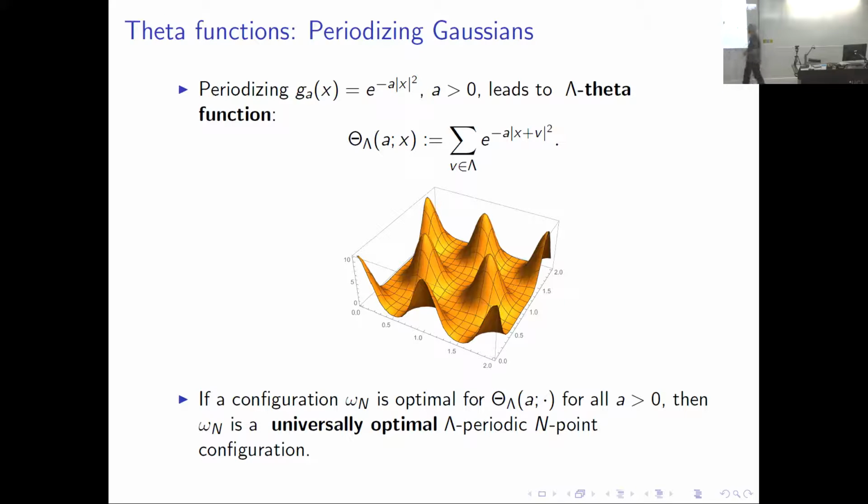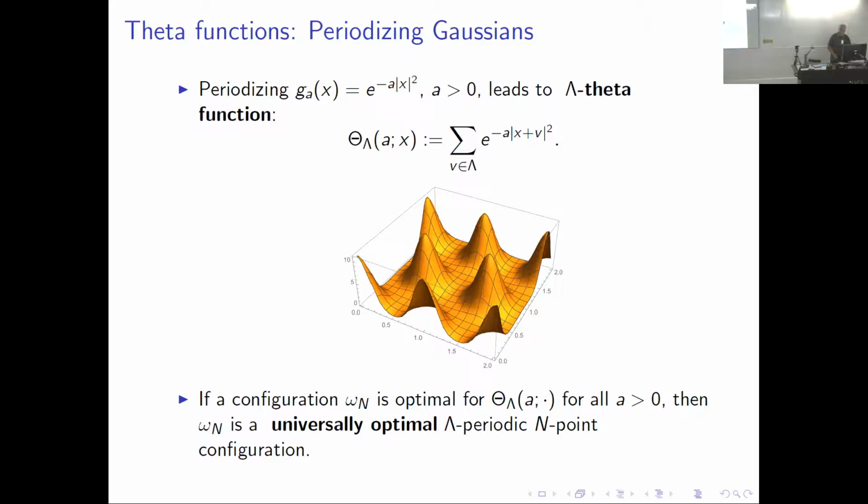This is an example of summing these Gaussians depending on the parameter A. This is the type of interaction that we're interested in. We're interested now in finite n, lambda periodic problems.